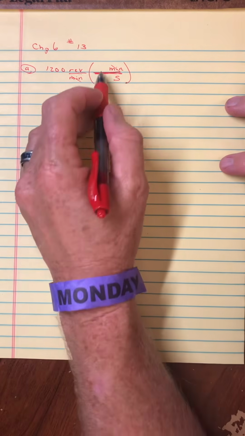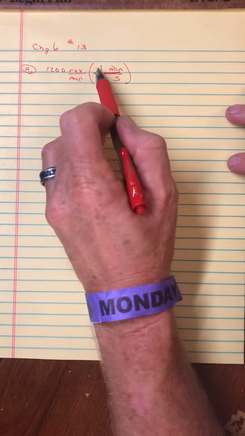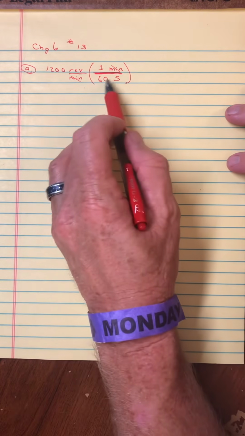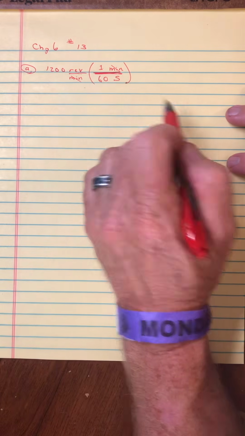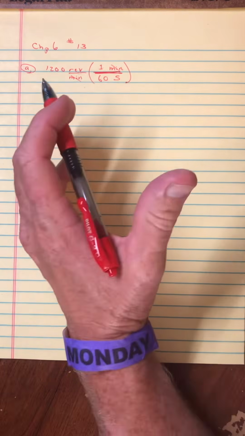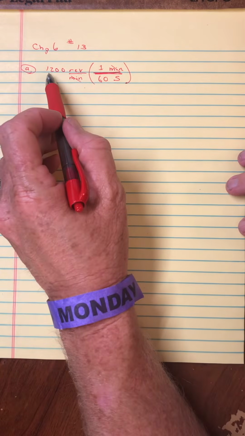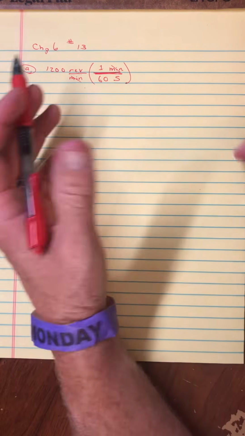But of course, to make it work, you've got to make sure that the number in the numerator and the number in the denominator are the same when you include the units, so that you are only multiplying by a 1 and you're not actually changing the number. And so all you do is change the units. Now, don't get me wrong, when you change the units, you've got to change the number for it still to be equal.